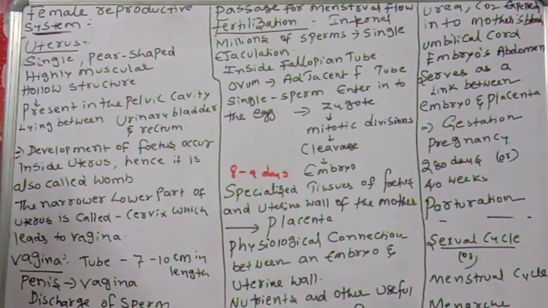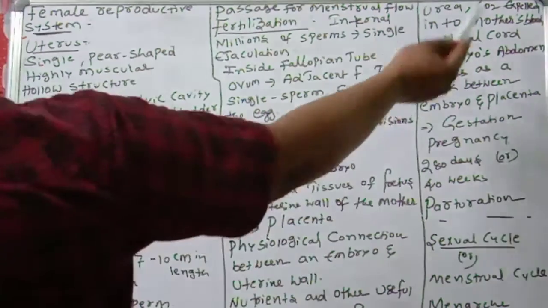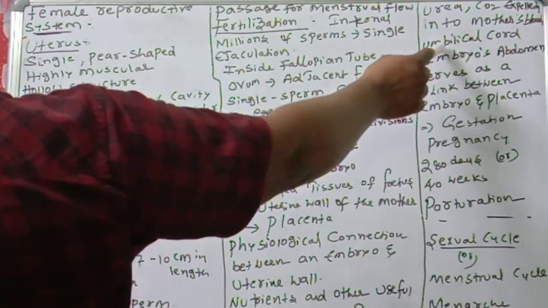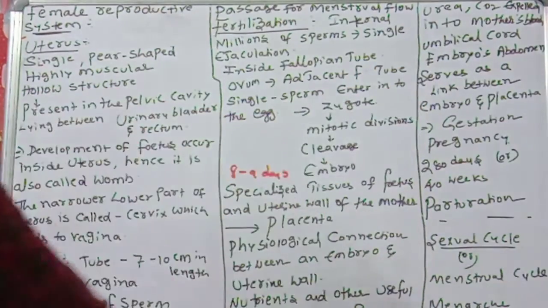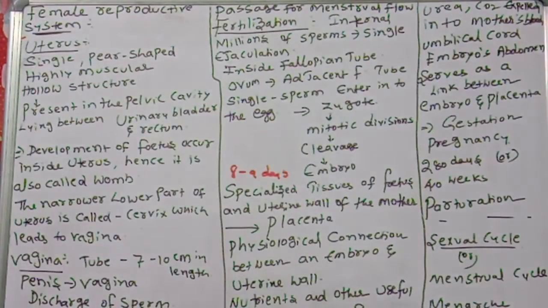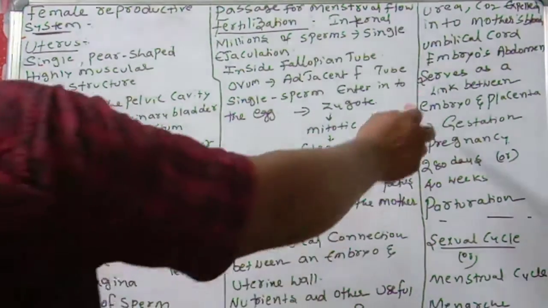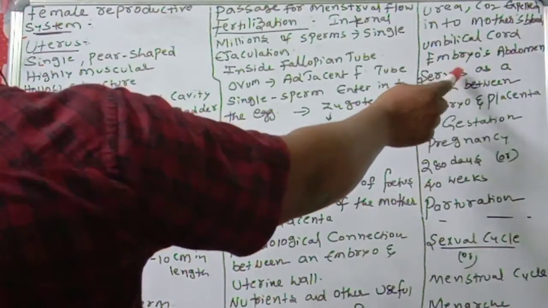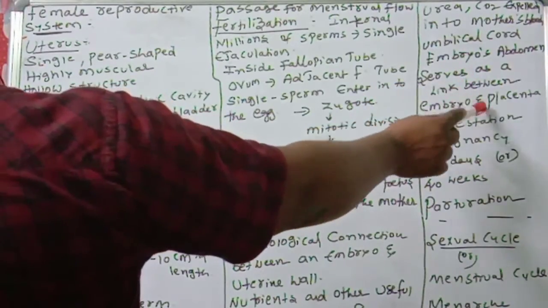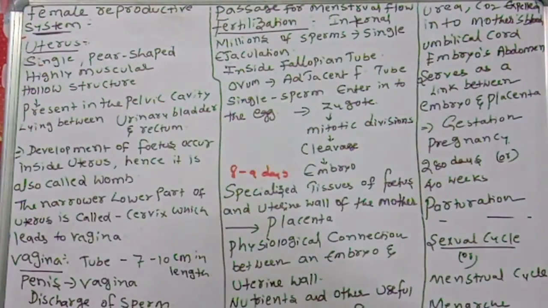The umbilical cord, arising from the embryo's abdomen, serves as a link between the embryo and the placenta.